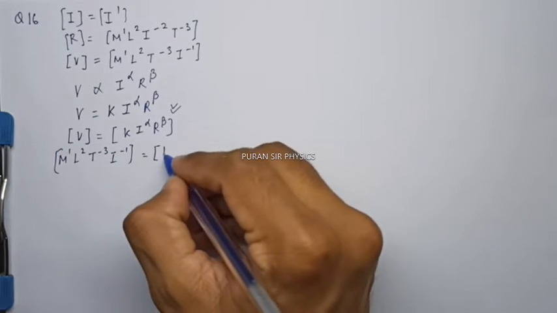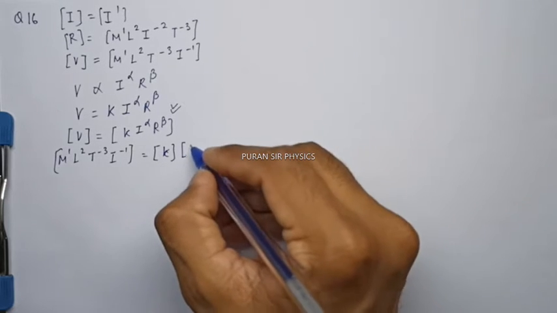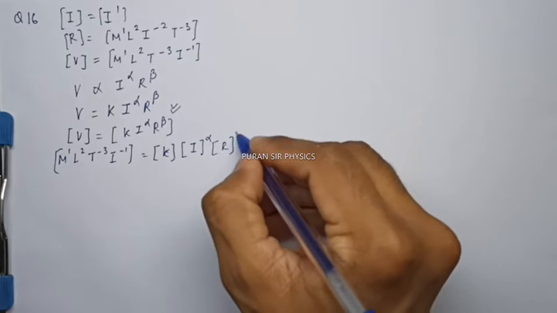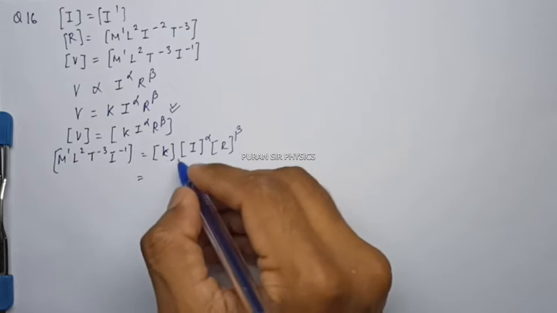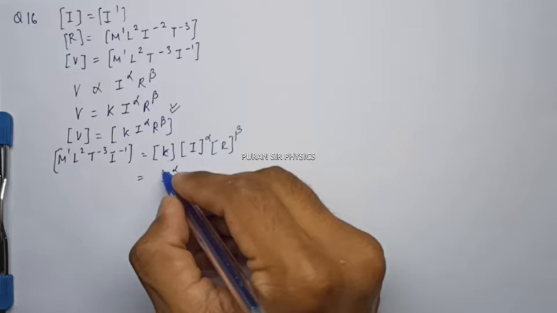And we can write the dimension of K, which is a dimensionless constant, into the dimension of I raised to power alpha into the dimension of R raised to power beta. K is dimensionless, so it will not contribute anything.